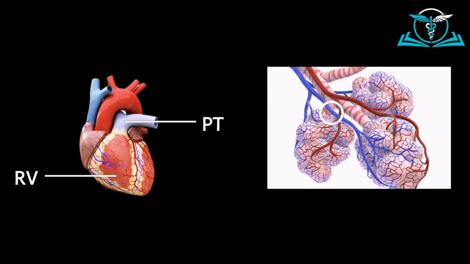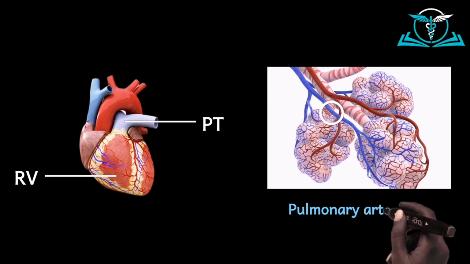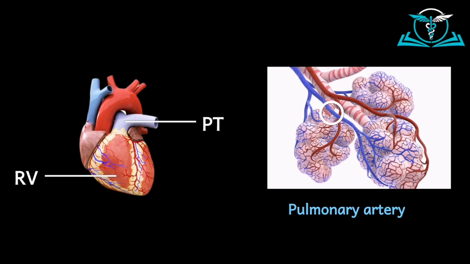pulmonary artery going straight into the alveoli to give them deoxygenated blood. And after the blood has been oxygenated, it goes through the pulmonary veins, which are in red. The pulmonary artery is in blue because of the deoxygenated blood. Then the pulmonary veins will send the oxygenated blood to the left side of the heart, and then the left side of the heart will pump that oxygenated blood through the aorta, and then the aorta would feed oxygenated blood to the tissues I have discussed earlier on.